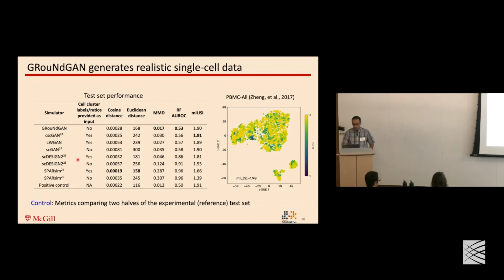And when we have this full matrix, for 2 of the metrics, we are the best performing model. For 2 other ones, we are the second best performing model. And for 1 of them, we are the 3rd best. So overall, even though in this experiment we are not using the cell type information, we are performing quite comparably to models that are using it.